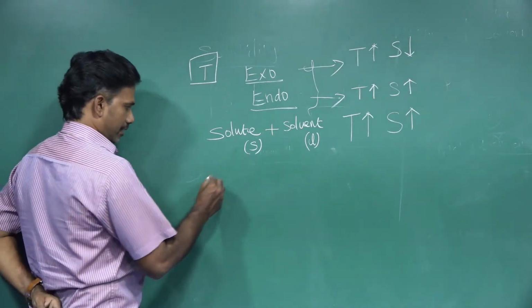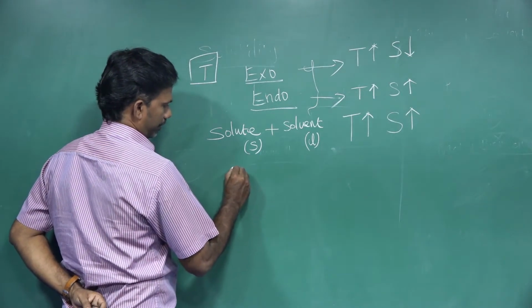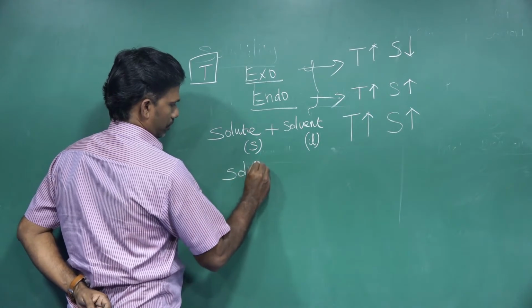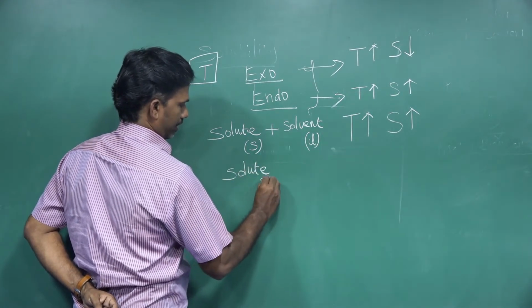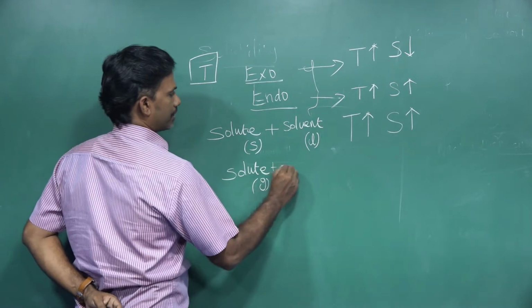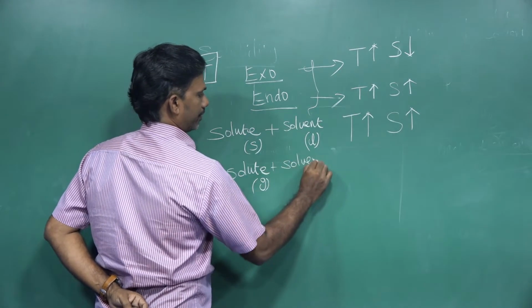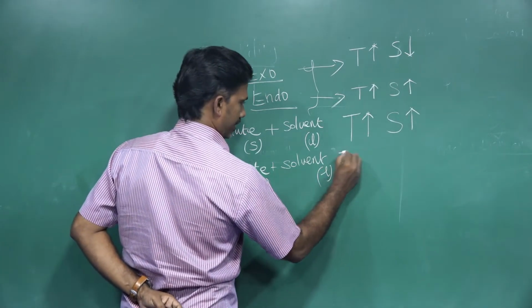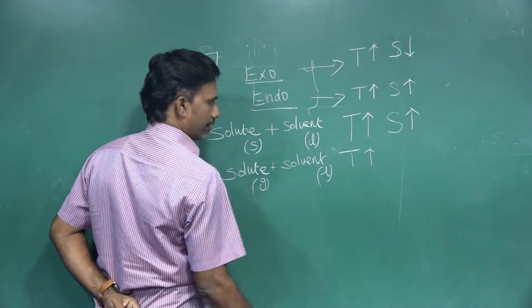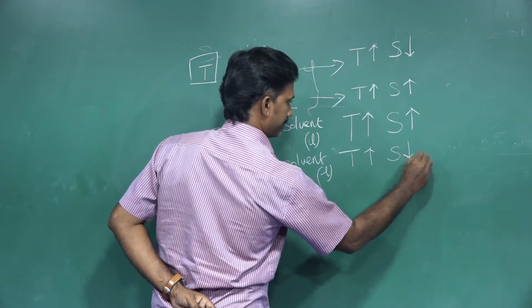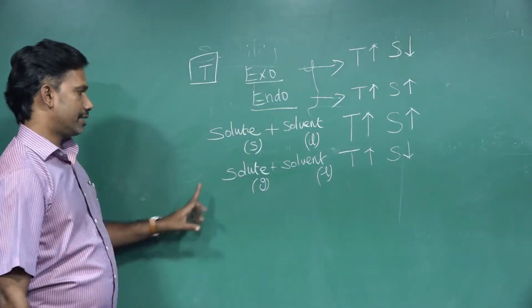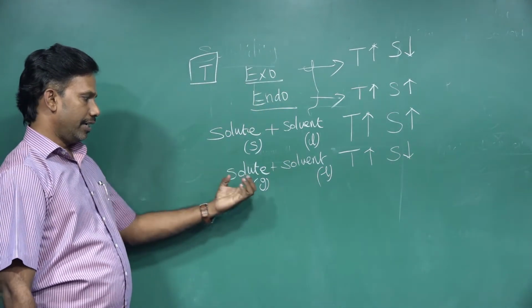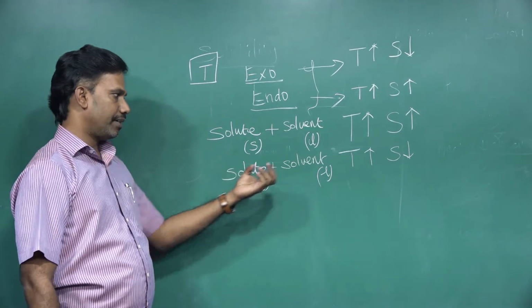But whereas the solute is in a gaseous state and the solvent is a liquid, what happens when the temperature increases? Solubility decreases. Here the solute is in gaseous form.